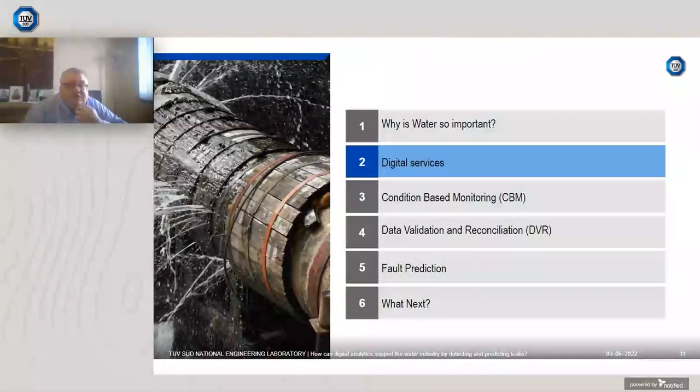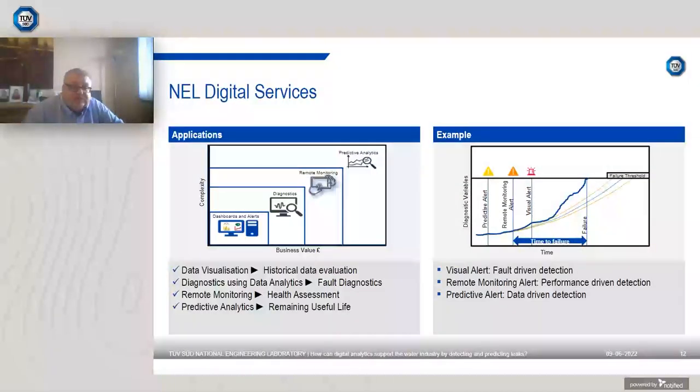So if we now go on to some of the digital services that are offered by Tussud, we've undertaken a large amount of research looking at using emerging data science techniques to help make better use of the information gathered by modern flow meters.